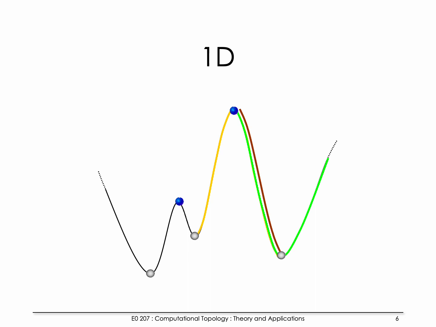Now we want to label different parts of the curve based on a common origin and a common destination. The brown curve here, for example, is the collection of points that flow from this maximum and flow into this minimum.